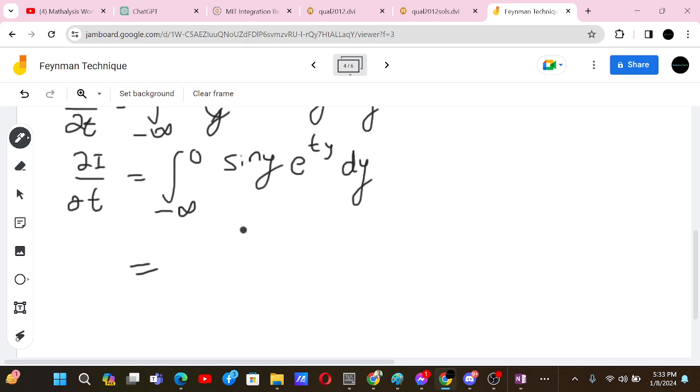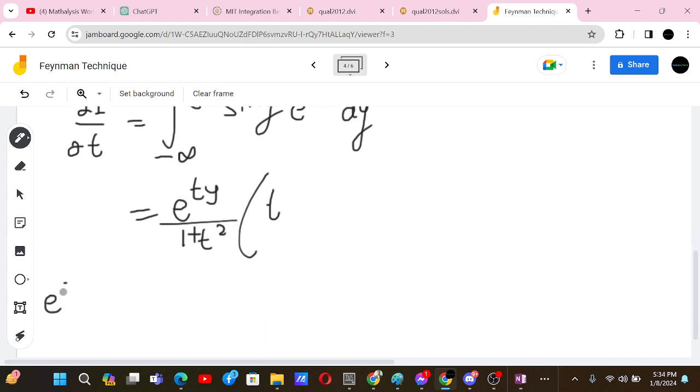The integration will be e to the power ty by 1 plus t squared. Here a is t. Okay, so let me write it. e to the power ax by a squared plus b squared, times a sine bx minus b cos bx.